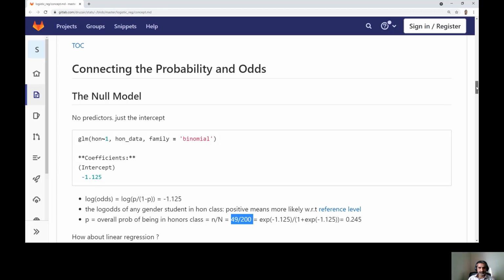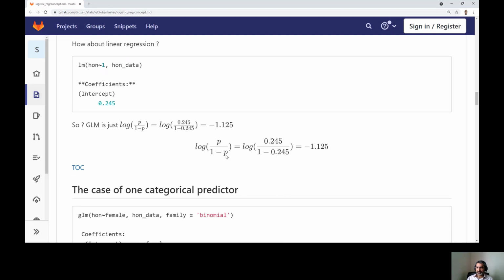Could you connect? So the overall probability of being in honors class, we can calculate with pen and paper, 49 by 200, but the logistic regression way, we will get the same number. That's what my point here is. Log of P over 1 minus P. If we put 0.245 divided by 1 minus 0.245, it's going to be the same thing that we got with logistic regression.